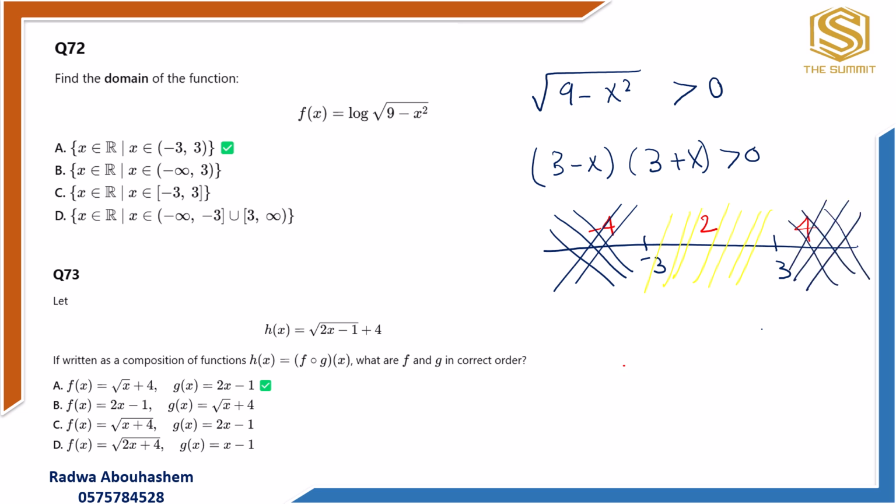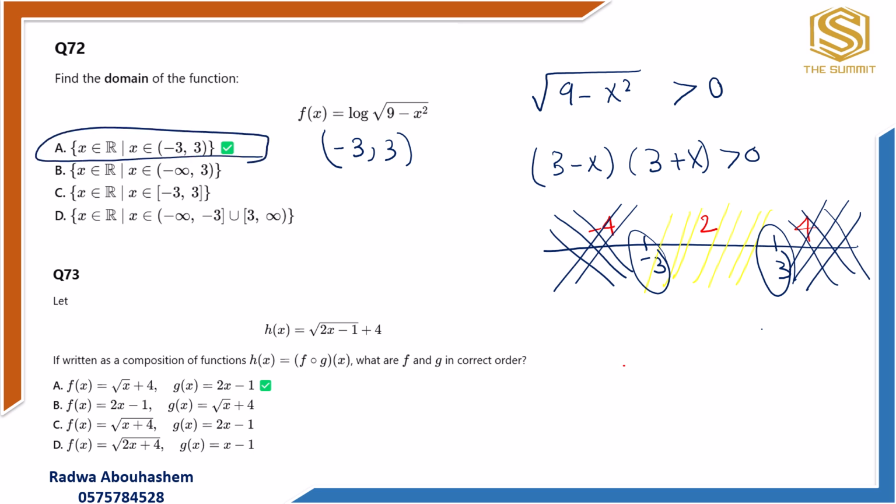So now my domain is from negative 3 to 3, and it has to be open intervals because negative 3 and 3 would make my answer 0, so I have to exclude them. So it would be negative 3 and 3. This one.